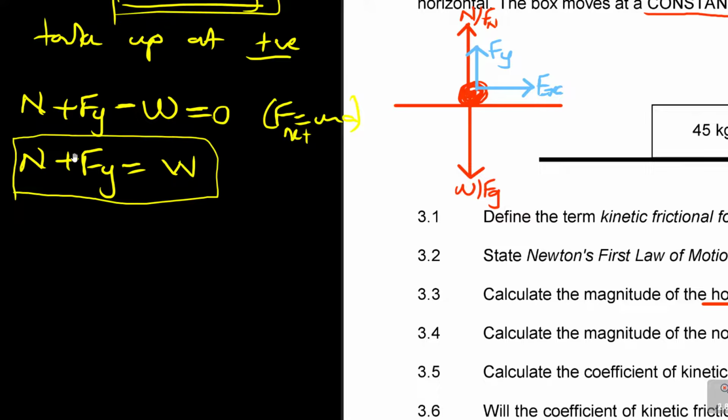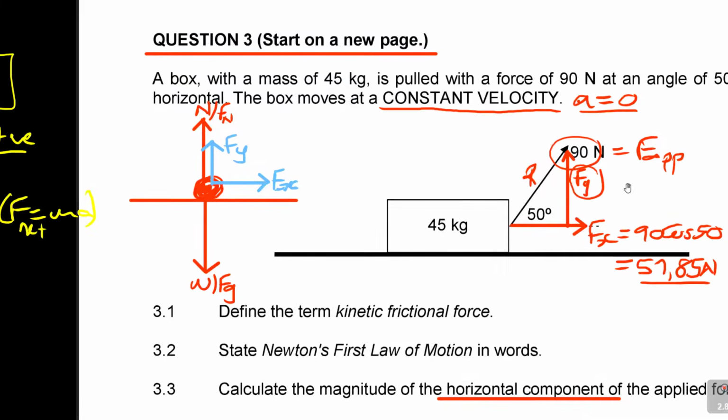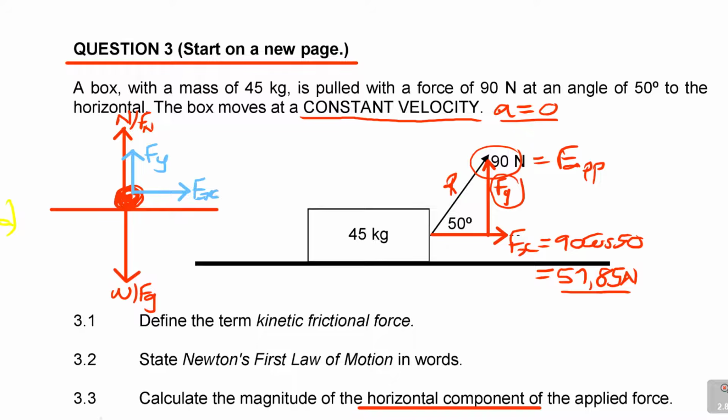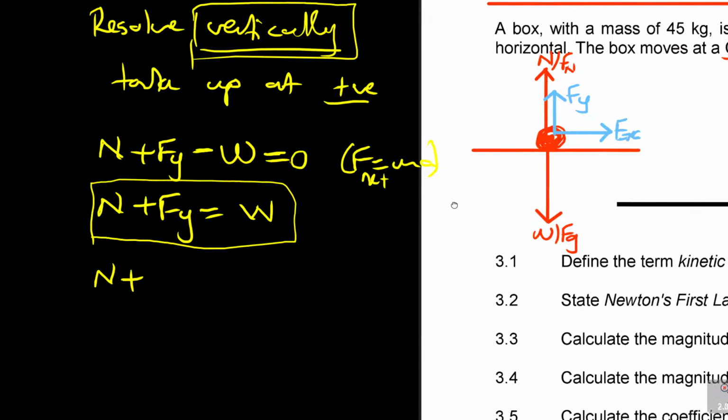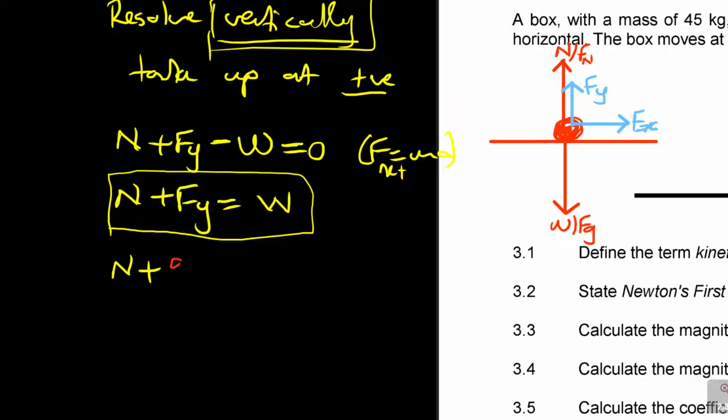So now let's focus on this. Now the normal force, that's what they want to calculate, or Fn, normal force plus Fy. Now Fy, in as much as we said Fg was that, but Fy also we can find it. It is 90 sine 50. Are you seeing that? That is Fy, because Fx was 90 cos. So you can come here and say 90 sine 50 is equal to weight.